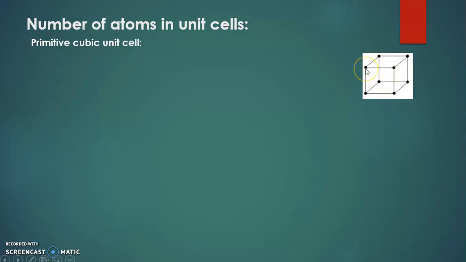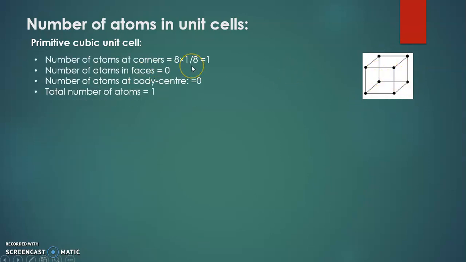So, this spherical particle contributes 1/8, this contributes 1/8, this 1/8, this 1/8. In all, there are 8 particles and each of which contributes 1/8 part. So, the number of atoms at the corners effectively turns out to be 8 into 1/8, that is 1. So, effectively there is 1 particle at the corner.